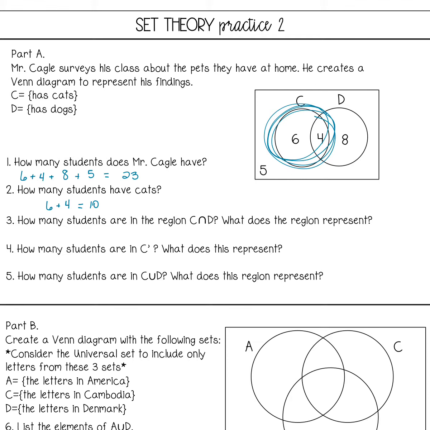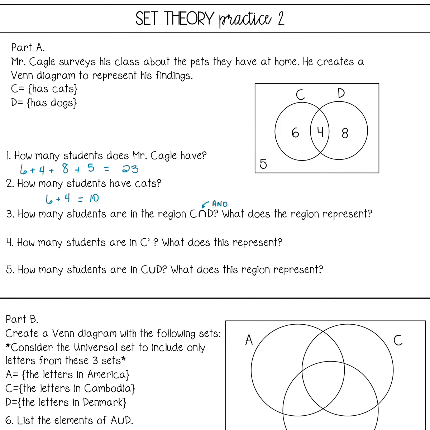How many students are in C and in D? Remember, intersection means and. Well, how many students have both cats and dogs? So what does this region represent? They have cats and they have dogs. So you can kind of see if I'm having a problem trying to remember, well Coach, I don't remember what the N means.